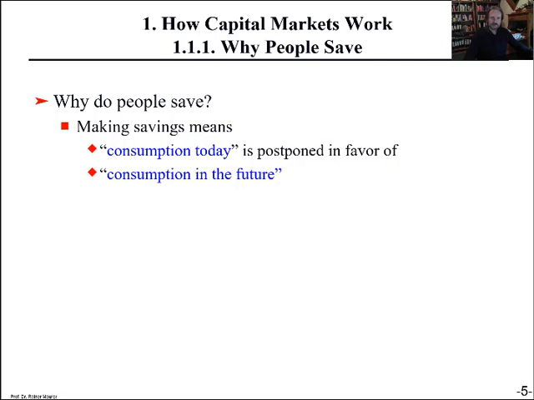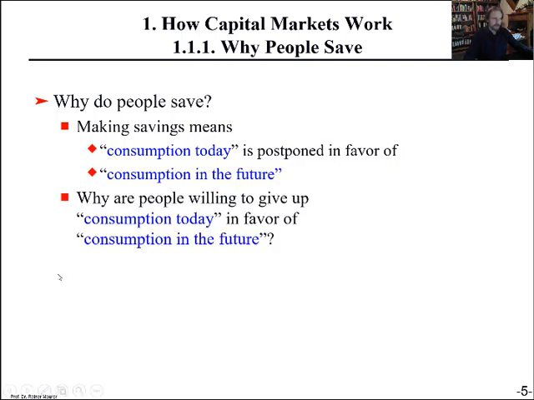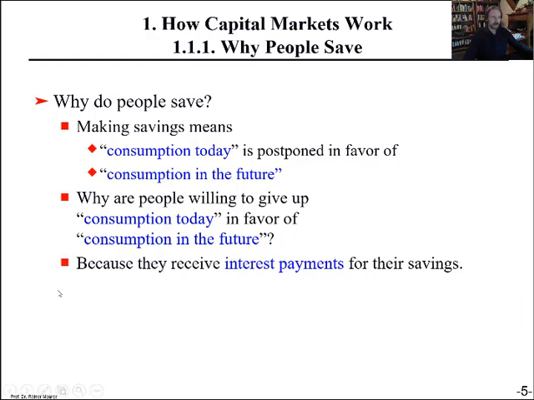Making savings means consumption today is postponed in favor of consumption in the future. Why are people willing to give up consumption today in favor of consumption in the future? The standard microeconomic answer is because they receive interest payments for their savings.